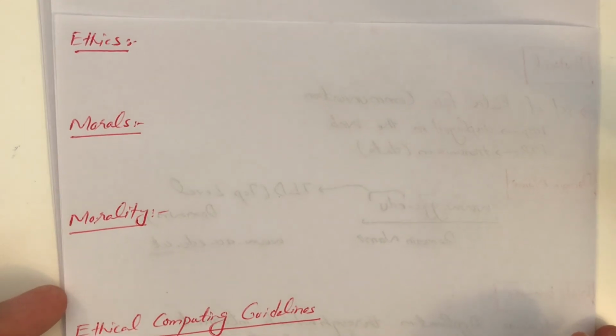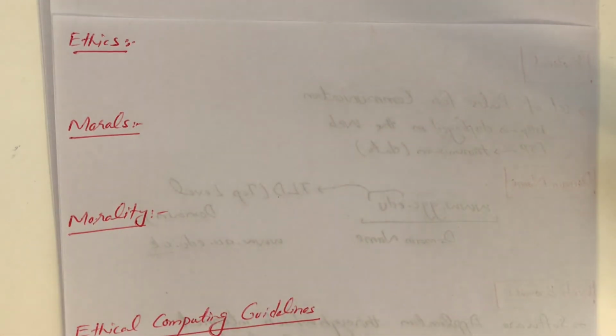The last agenda item is ethics and internet. First of all, let's talk about the definition of ethics.